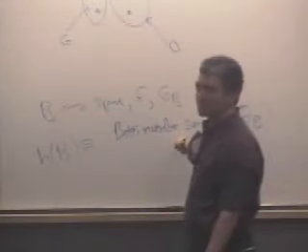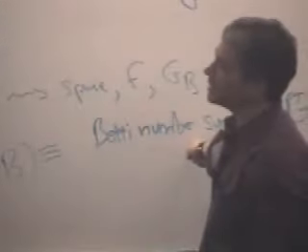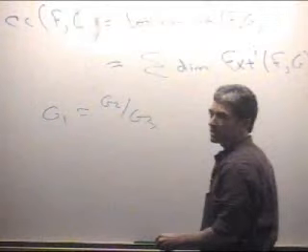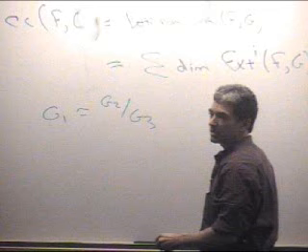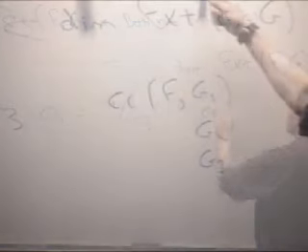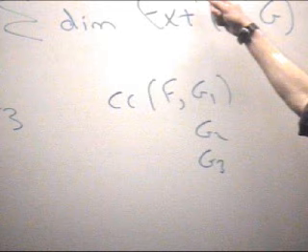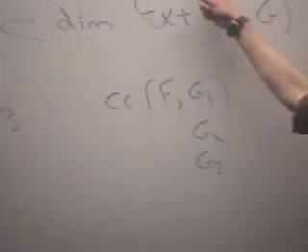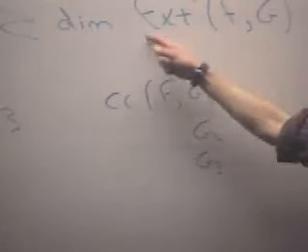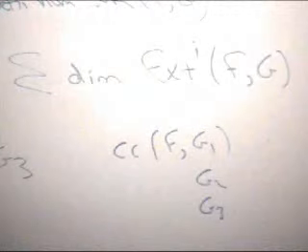That's this number here, the Betti number sum. The idea is that if G1 is the quotient of G2 by G3, and you look at these numbers, G1, G2, G3, and you take the sum, and it has to be the sum, you can't weight the sum, then these three numbers satisfy the triangle inequality.